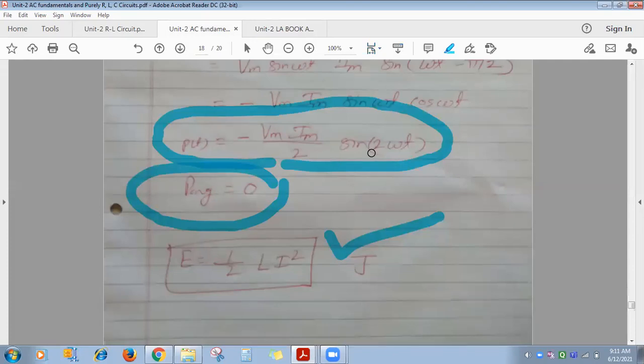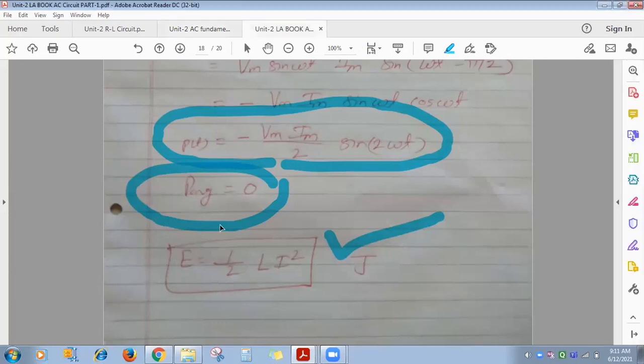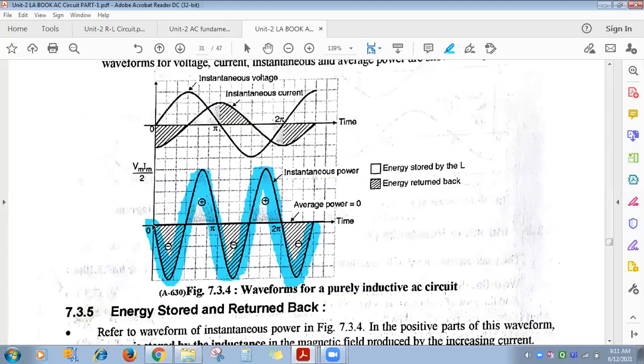Its graphical representation you will get like this. Put omega t from 0 onwards and you will get the waveform like this. For the instantaneous power waveform, from 0 to pi it completes one cycle. These values are negative, these are positive. So the average value from 0 to pi will be 0.